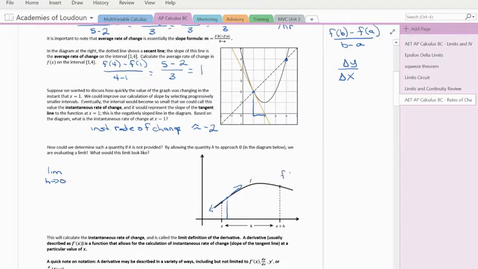This point is f of x plus h. This point is f of x. So we want to find the change in y, f of x plus h minus f of x, all over h. This calculates the instantaneous rate of change, and this is also called the limit definition of the derivative.